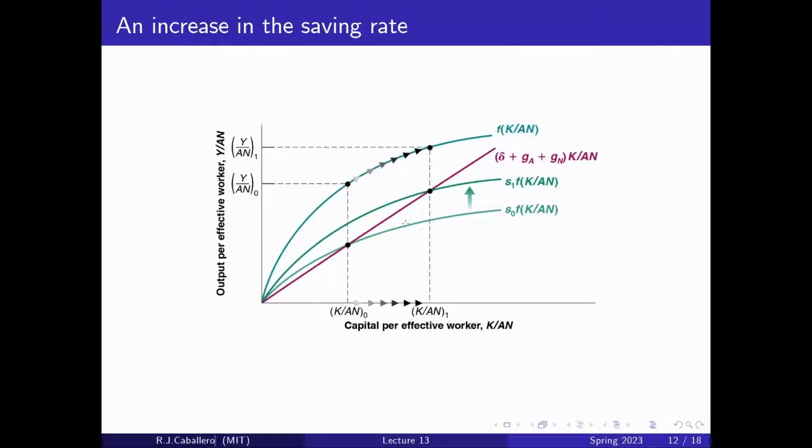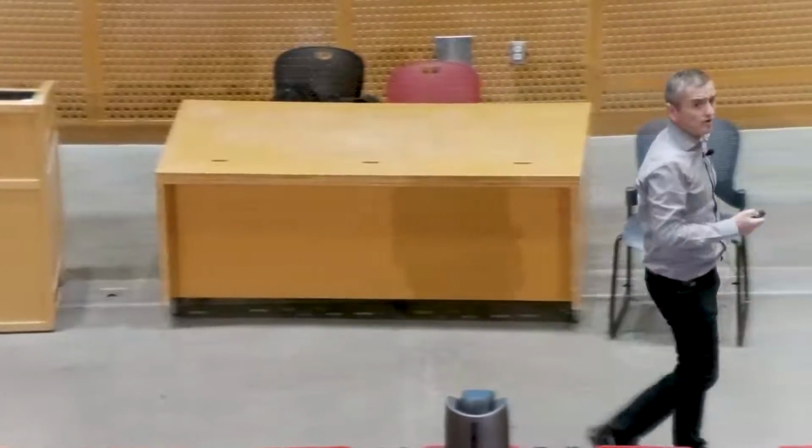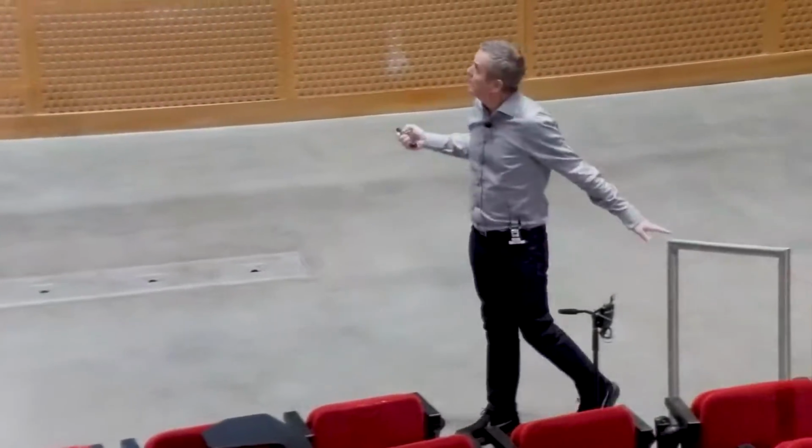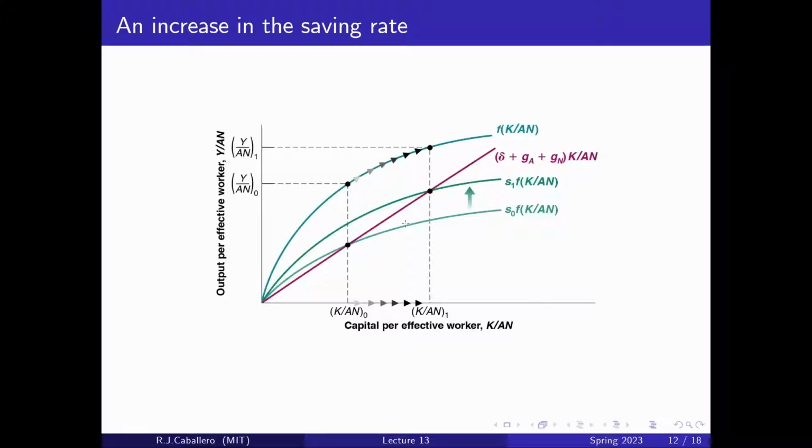Remember, in the basic model we did an experiment in which we increased the saving rate. We can do the same here. What happens if we get an increase in the saving rate? Do we get more growth in the long run? The answer is, for the same reasons as before, no. If we increase the saving rate in this full model, all that happens is that this green line moves up.